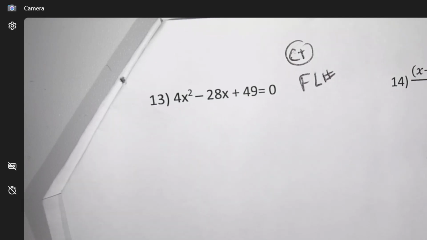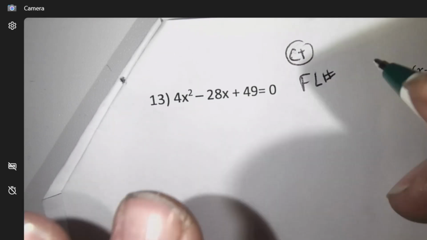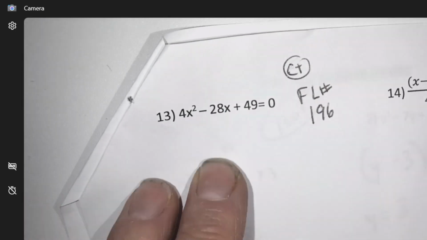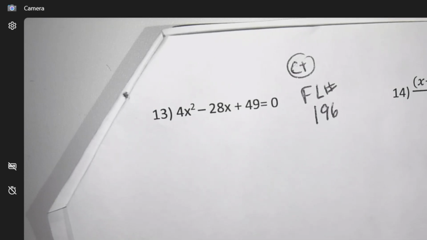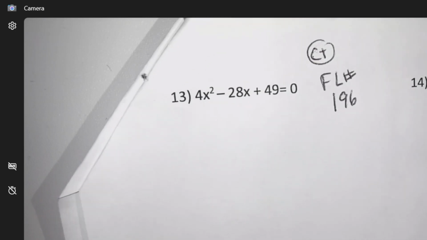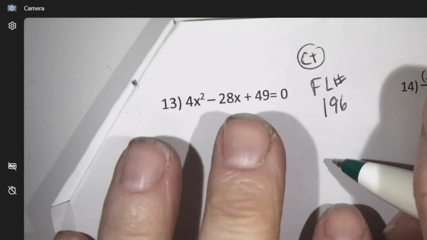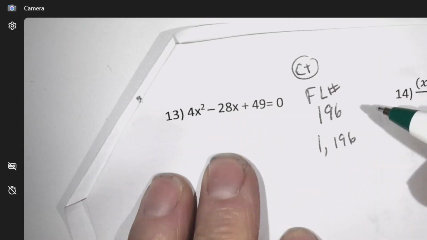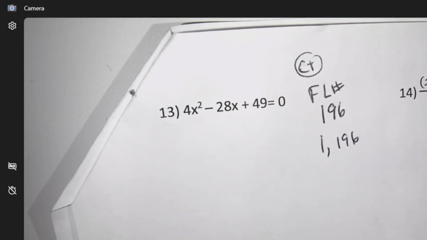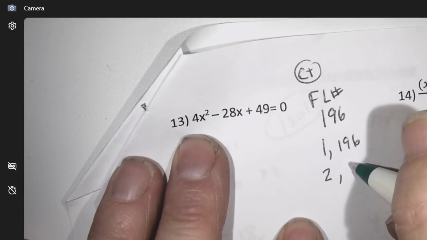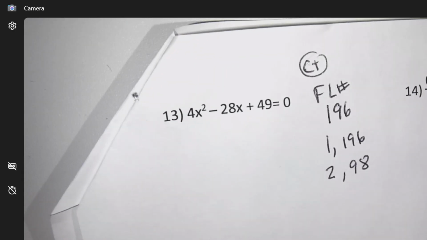What's 4 times 49? 196. Now we have to find a multiple of that. Yikes. Okay. 1 times 196 is not going to work. 2 times 98.